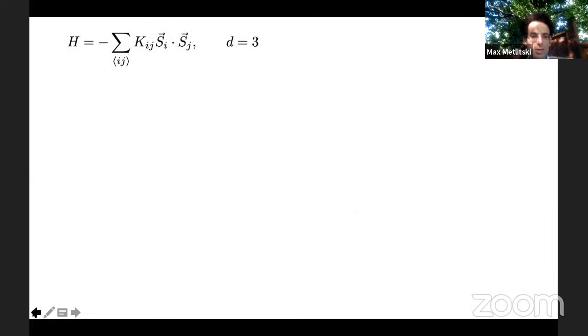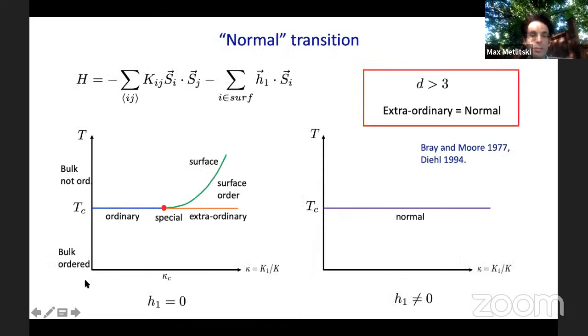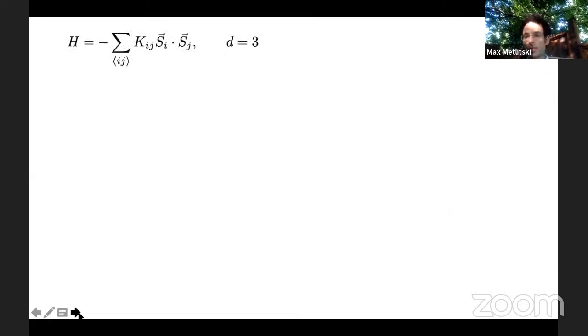So the main question I'd like to ask in this talk is what happens to this phase diagram when the bulk dimension d is equal to 3. This is quite a reasonable question. After all, we live in 3 dimensions.